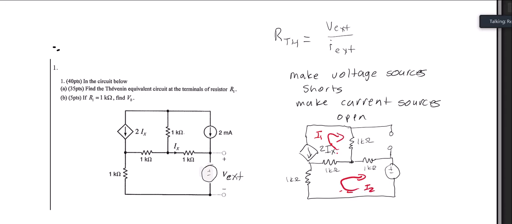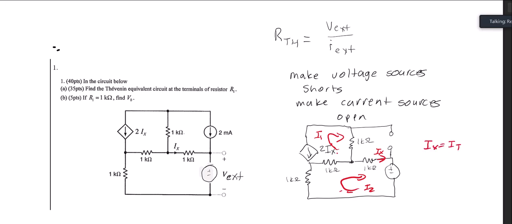So this is I2, and IX is going right here, and IX is not shared with any other branch. And so IX equals I2. And notice that I1 is going the opposite direction of this dependent current source. So I1 equals minus 2IX.